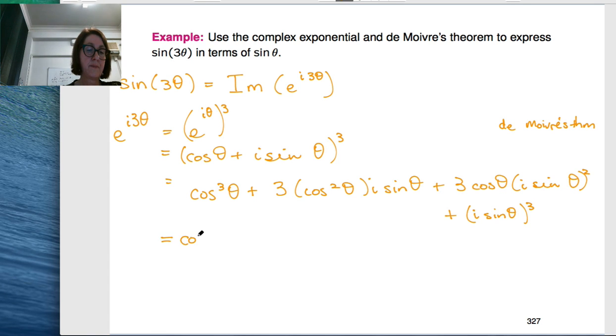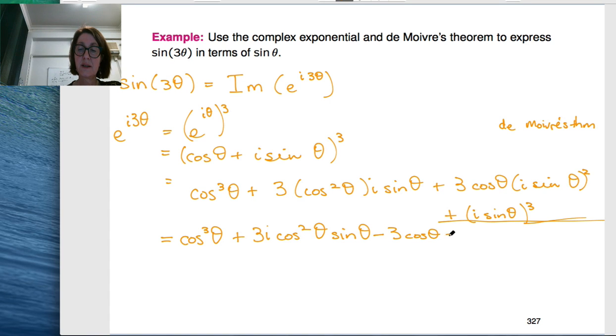We get cos cubed theta plus 3 cos squared theta i sine theta, and I've got a squared term here, so the i squared becomes minus 1, so we bring the minus sign out the front, so we get minus 3 cos theta sine squared theta, plus, I've got an i cubed now, so that's a minus i sine cubed theta. So that's what that looks like when we use the binomial expansion.